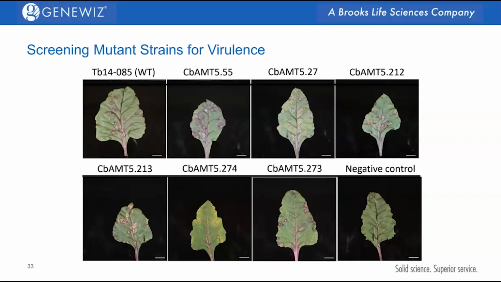And after spray, as you can see, some of the mutants do show their virulence. So in this part of the screening, I also wanted to select one isolate that I can further study the biology of the pathogen. I can only study biology if it's virulent.